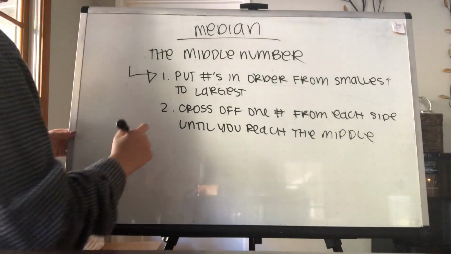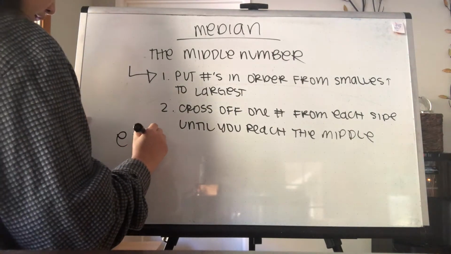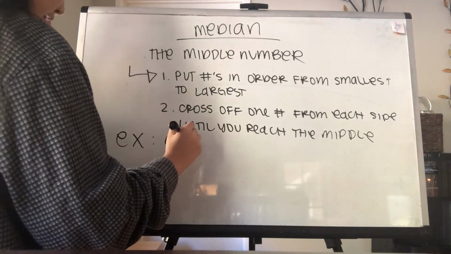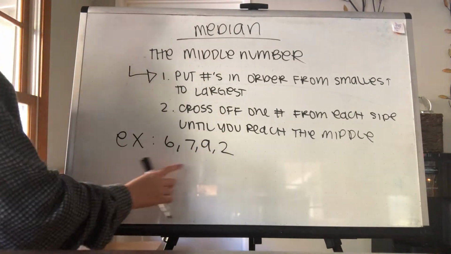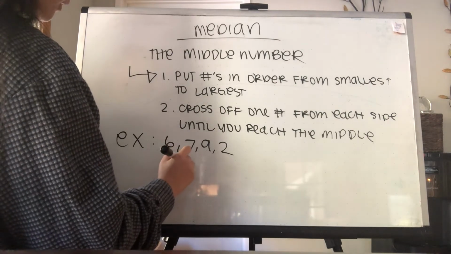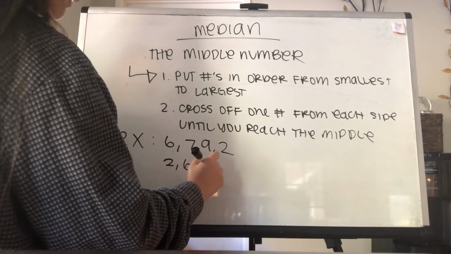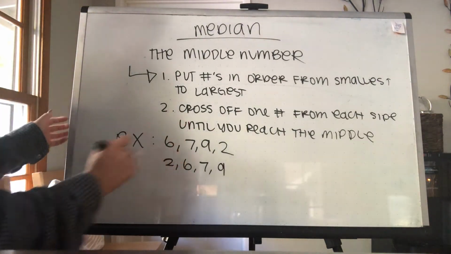Awesome. So an example of this would be you have 6, 9, 7, and 2. And so you're going to rearrange it so they're in order from smallest to largest. So it becomes 2, 6, 7, 9. And so then the second step, you're going to cross off one number from each side.